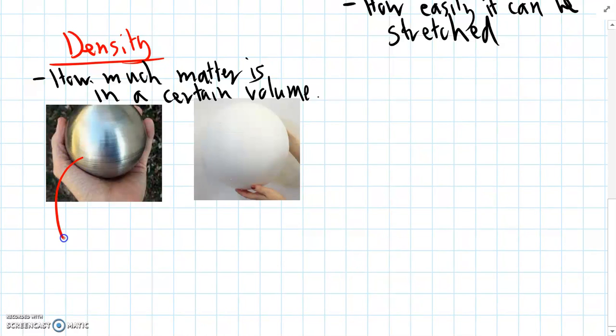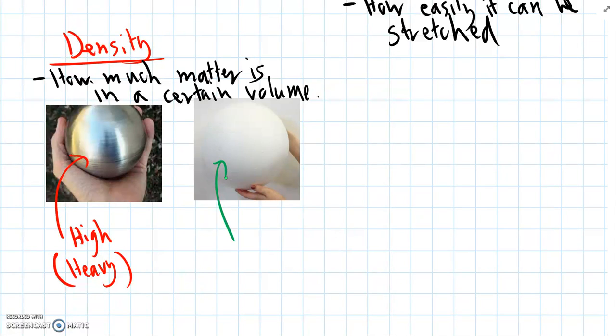The first one's made of metal, and metals are really high density, which means there's a lot of matter making up that object, which makes it heavy. But a polystyrene ball, there's not a lot of matter. Even though it's the same size ball, there's not a lot of matter in there. So when you pick up polystyrene, it's really light. So polystyrene has a low density, which causes it to be light.